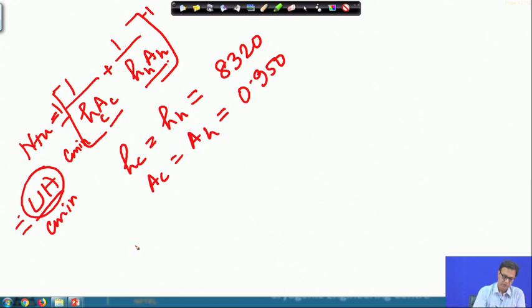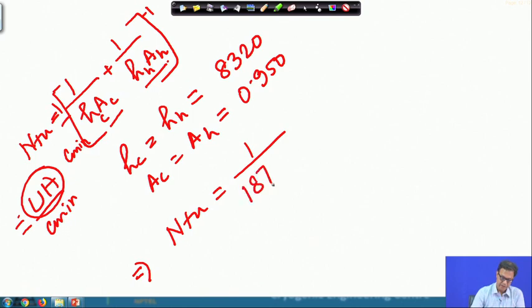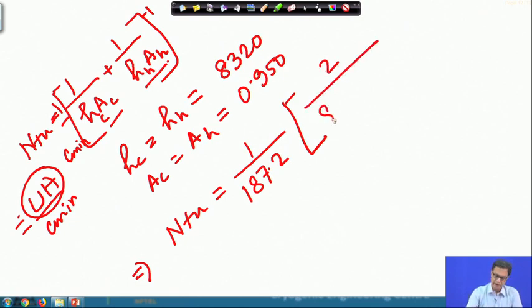So, basically these two terms are getting added, and the NTU becomes 1 by 187.2. This kilowatt per Kelvin we have converted into watt per Kelvin, and then we have this 2 by this 8320 multiplied by 0.95.